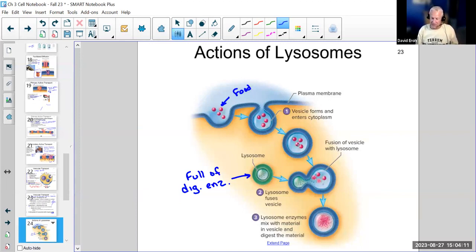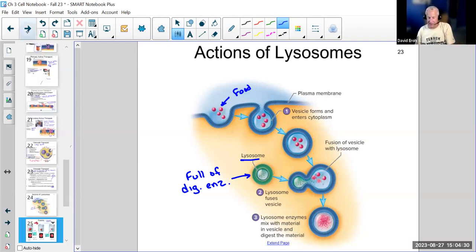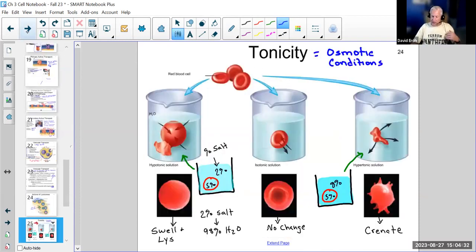If you want to digest it, that's what lysosomes do. Lysosomes are bags full of digestive enzymes, and so a lysosome will merge with a vesicle, and all of the enzymes from it dump in there, and it digests that down to nothing. It can do this with food. This is also how your white blood cells kill bacteria. Okay, so that's the end of the active transport stuff.